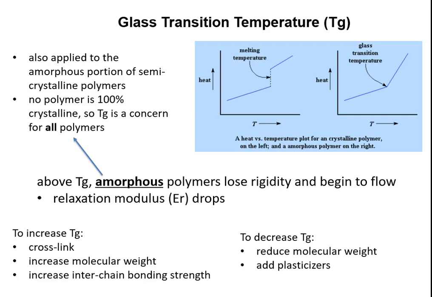You can increase glass transition temperature by cross-linking. That won't let chains slip past one another. So if we don't have chain slippage, we don't have viscous flow. You can increase the molecular weight, increase chain entanglement. It's not as effective as cross-linking, but it will help.